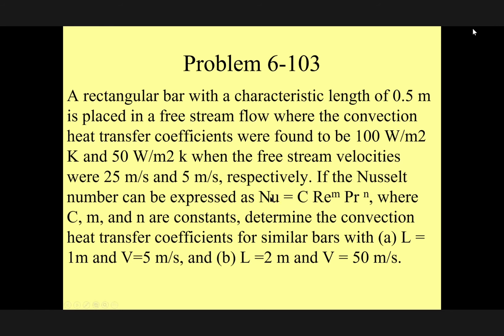Since I write it down, the conductivity is the same, and the characteristic length gives h1, h2, okay? We're trying to use this expression to find the value we need for the other scenarios, when L increased to 1 meter, and when the length increased to 2 meters. Let's go and see what we can do.